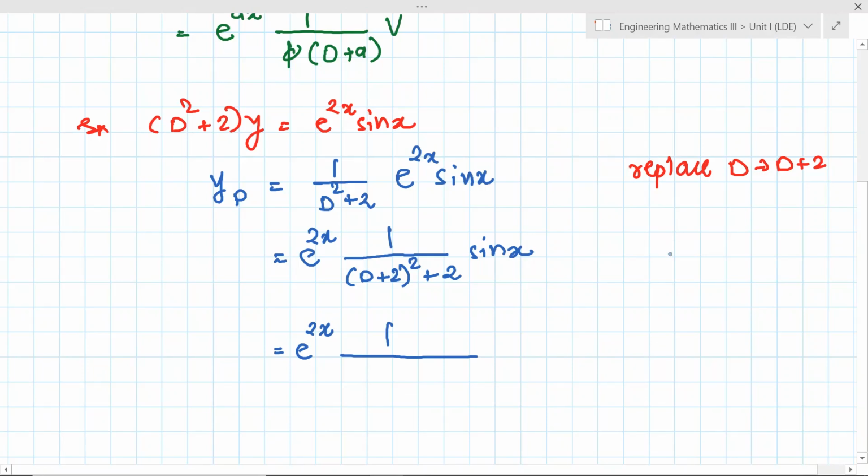What is the expansion of (D plus 2) square? (a plus b) square is equal to a square plus twice ab plus b square. Using this expansion, D square plus 4D plus 4, plus 2, into sin of x.